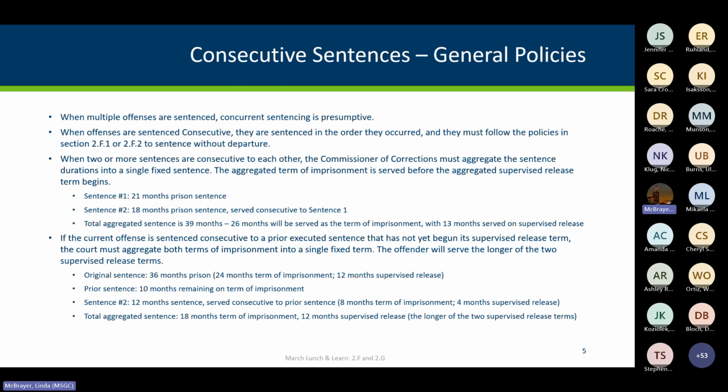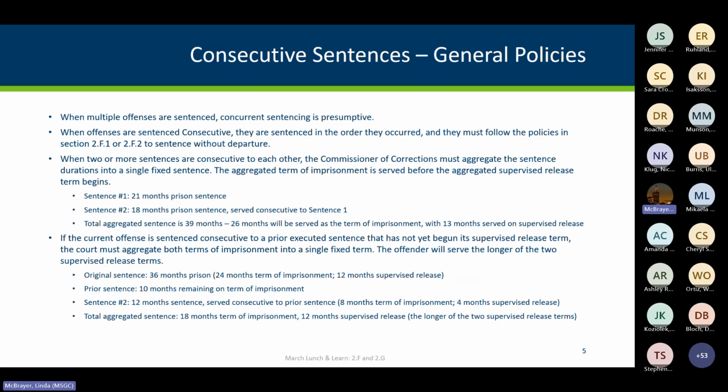So in general, consecutive sentences are applied in 2 different ways. Presumptive consecutive sentencing is when they commit the offense in prison, and the presumptive sentence that should be imposed is a combination of the remaining time on their term of imprisonment plus that duration at 1 added together.